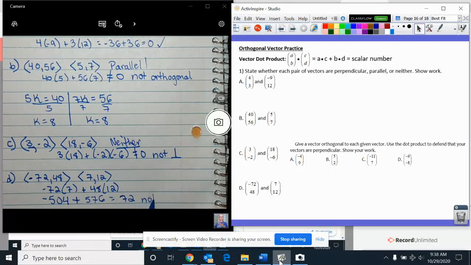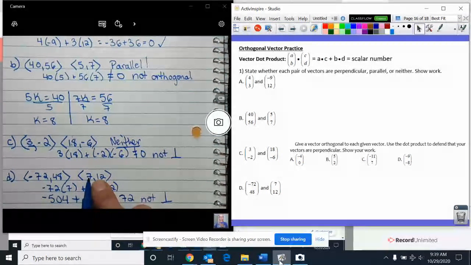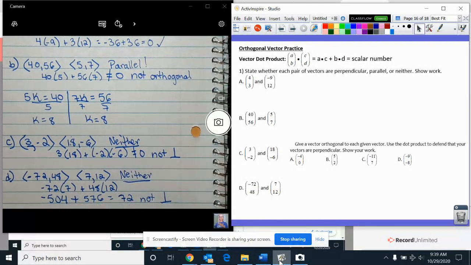So not orthogonal. 7 does not go into 72 evenly, so it would be a fraction. And 12 times 4 is 48. So there is no common scalar between those two vectors. So they're neither perpendicular nor parallel.